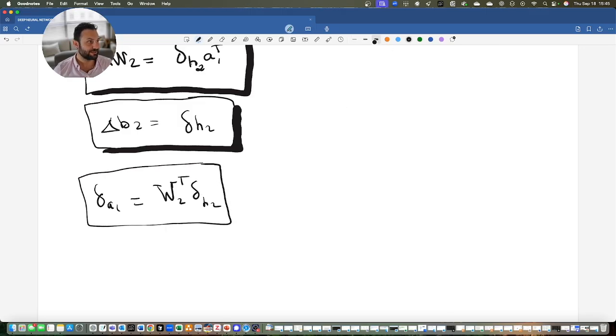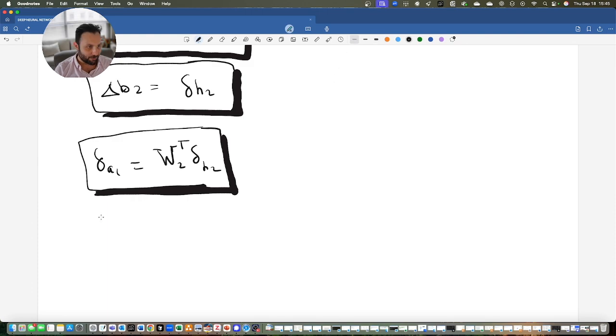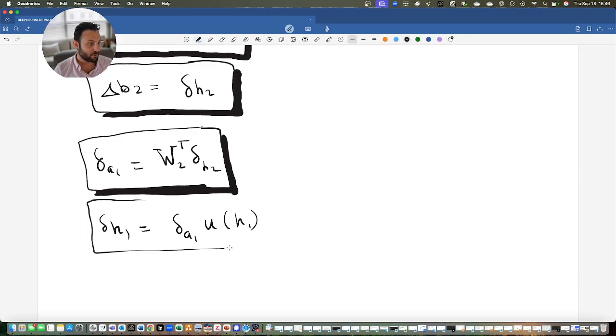Remember that's something we solved a moment ago. See how everything started so slowly, but now it's picking up because it becomes the same operation. Similarly, if I were to calculate the derivative of H1 from what came to the activation, it is the same thing: delta A1 times the unit step of H1.